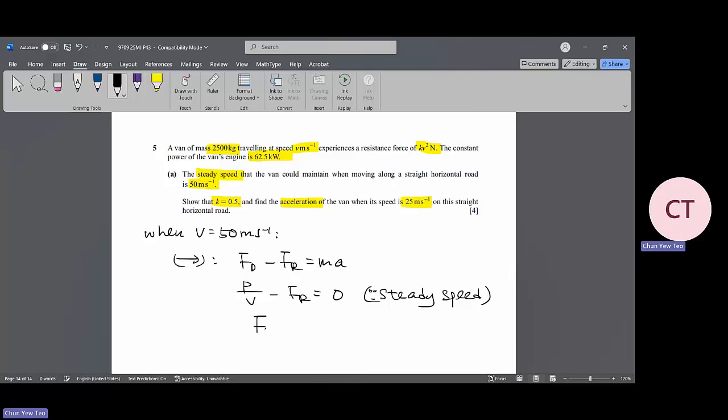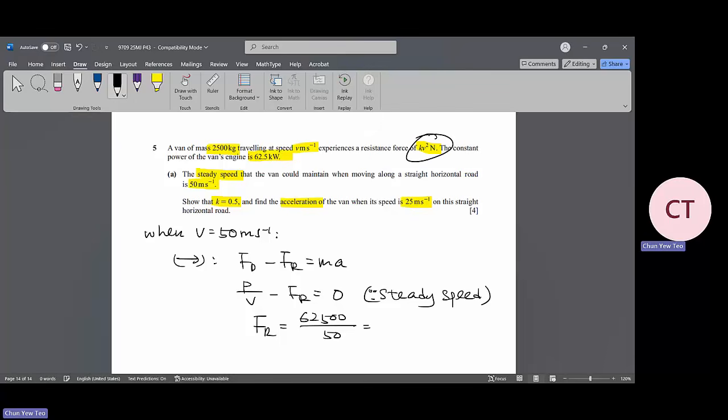So your resistance force will be equal to the power, 62500 divided by v. Oh, sorry, I made a mistake.